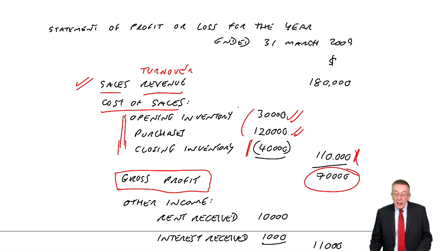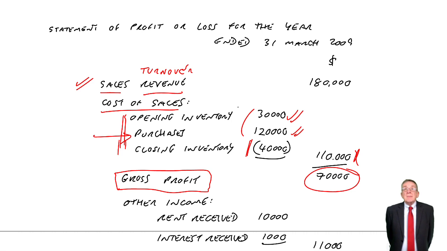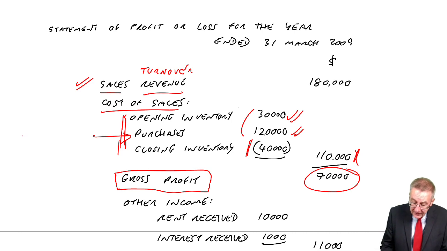Now, before I move on, one thing I must mention: purchases. In ordinary English, purchase is just buy. So you buy a car, you purchase a car. You buy a shop, you purchase a shop. However, in accounting, we always use the word purchases to mean the purchase of goods for resale.